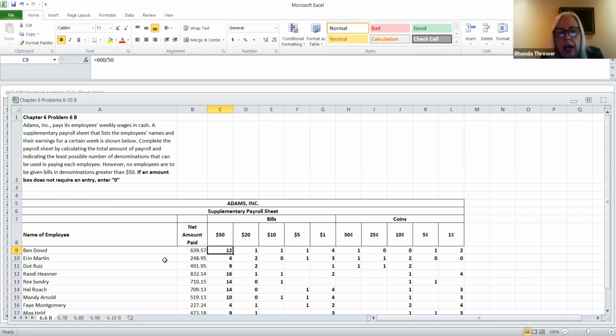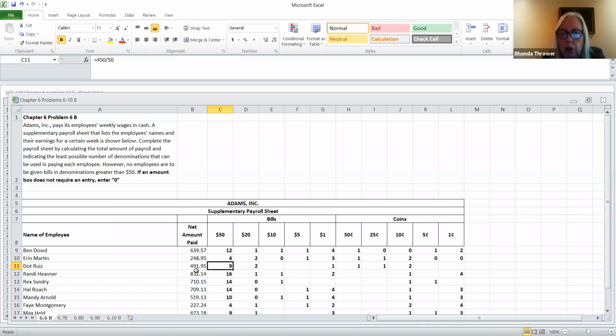Let's look at Don Ruiz next. You can see that they're paying him $491.95. First of all, we've got to figure out how many $50 bills we need that we could go evenly into.